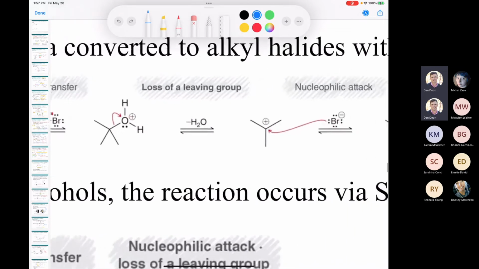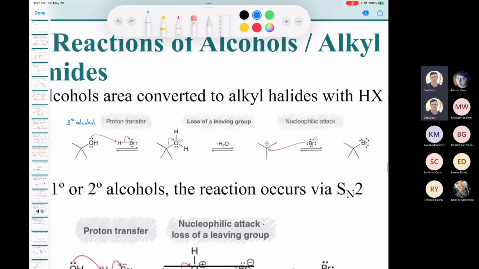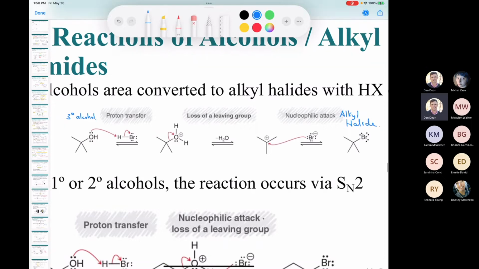Then we produce a carbocation, and the bromide can come in as a nucleophile to make an alkyl halide. So again, we get an alkyl halide from a tertiary alcohol.